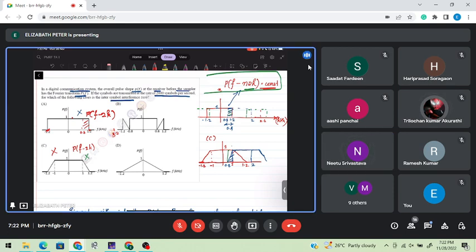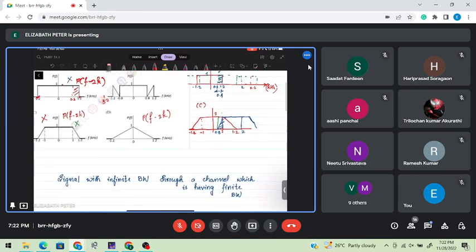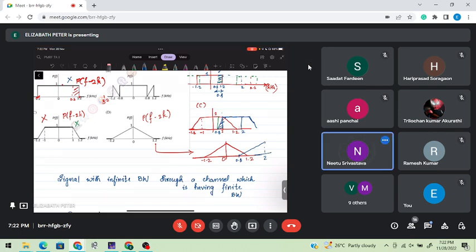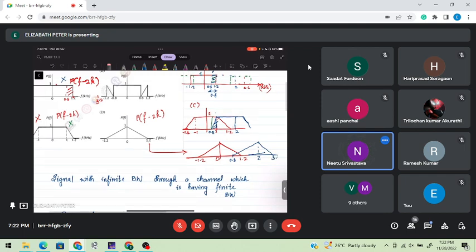Now come to option B. So here also shift the signal by 2K. So here also you could see that it comes to minus 1.2, 1.8. Okay.